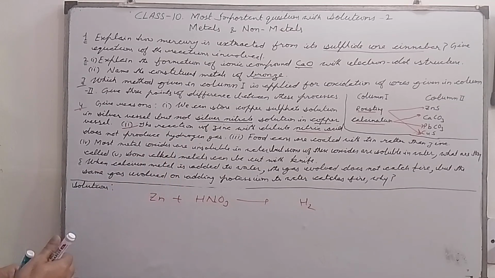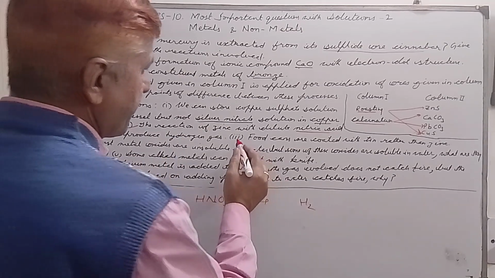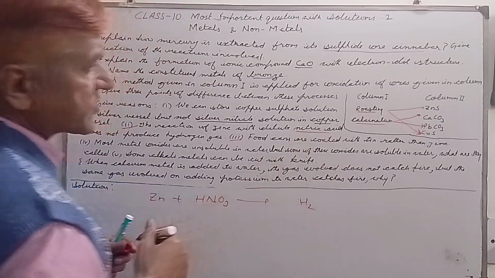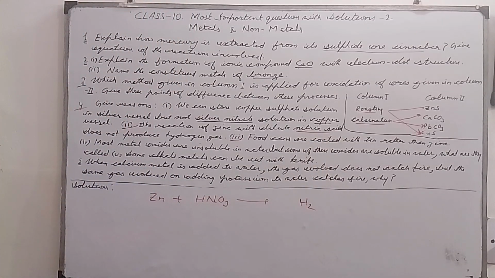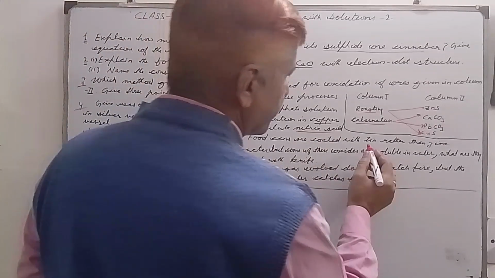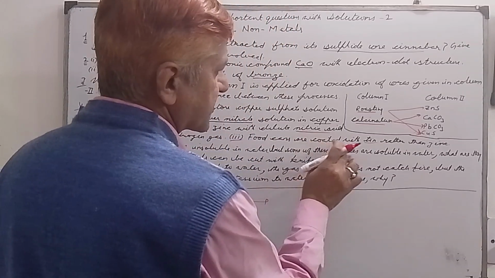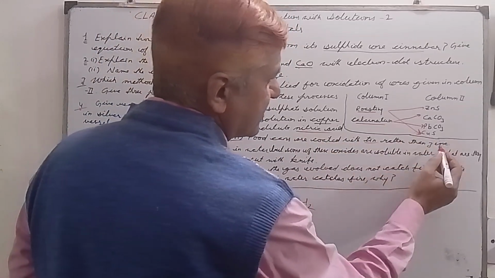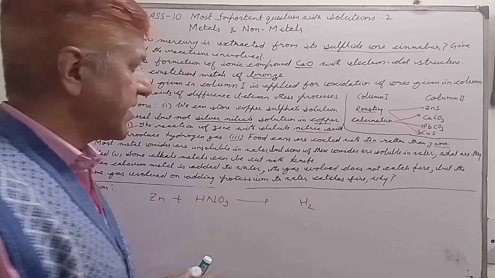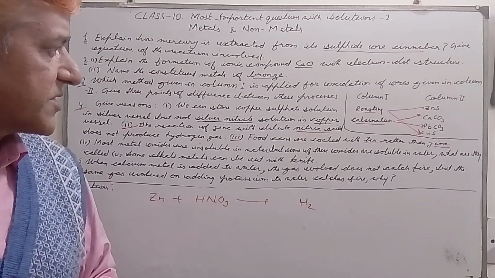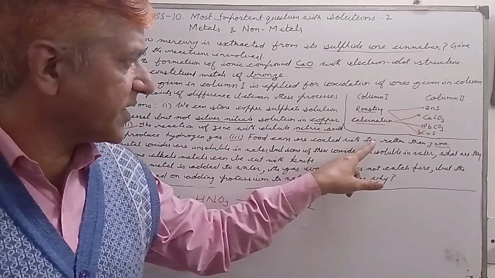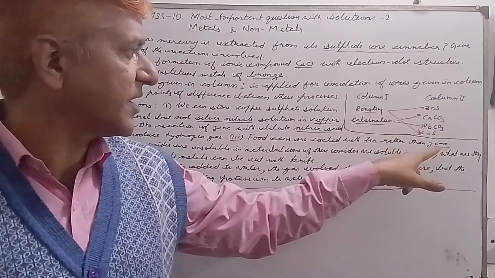Then we have the next question, third part. Food cans are coated with tin rather than zinc. Why are food cans coated with tin? Because tin is not so reactive as zinc is.